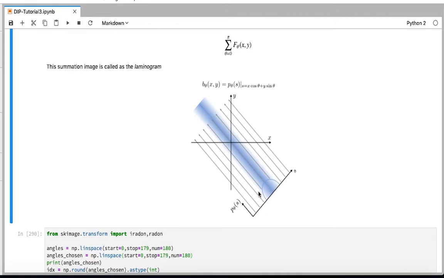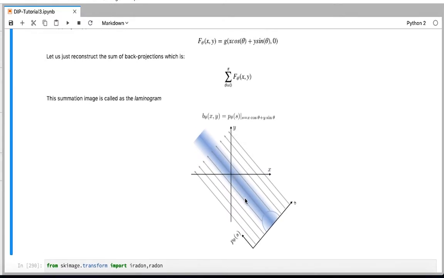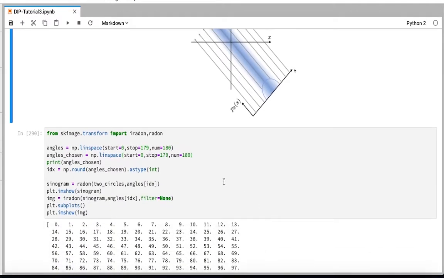This is called ray tracing, a common technique in computer graphics. If we just sum them up on the other side, this is called a laminogram.